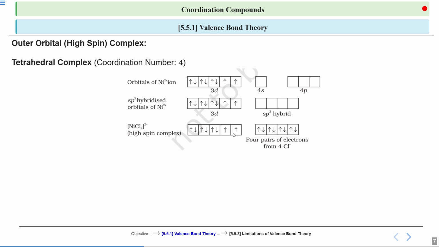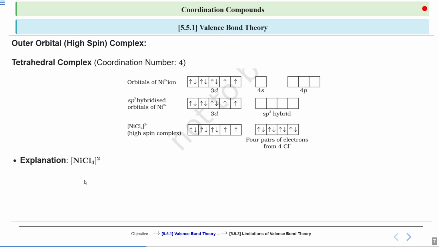That means the electrons having high spin number is greater, and the unpaired electrons are present, so this is a high spin complex, and you will get sp3 hybrid where the 4 chloride ions are going to donate their electrons.